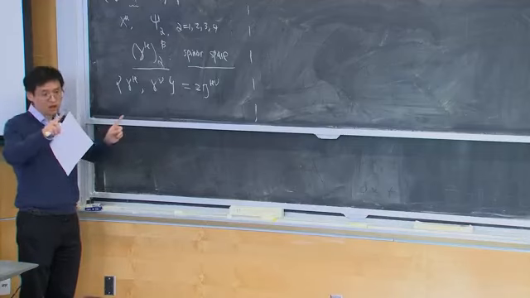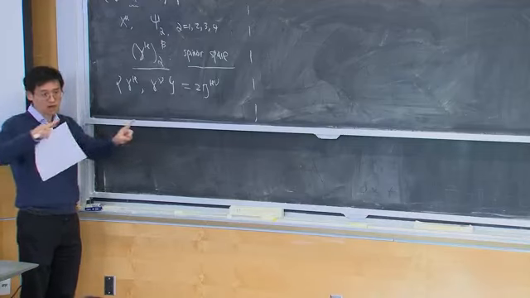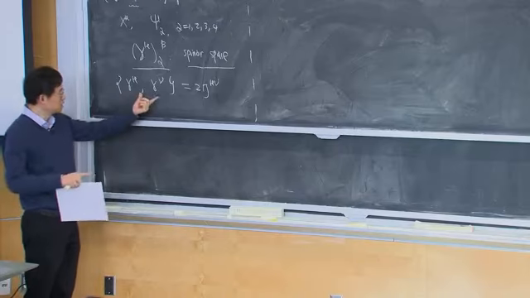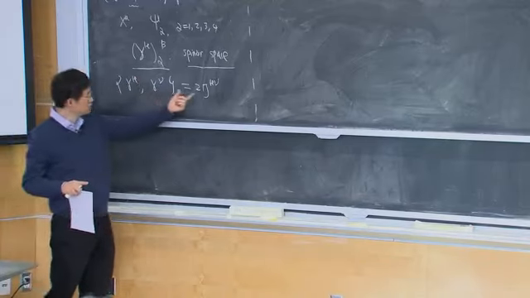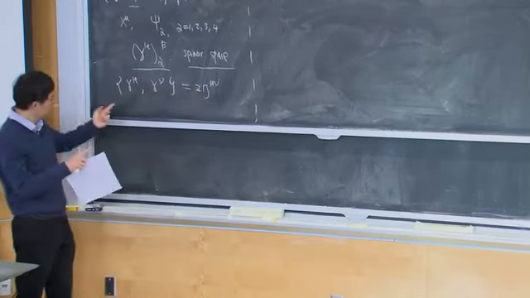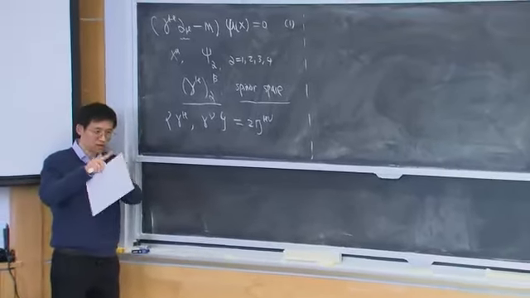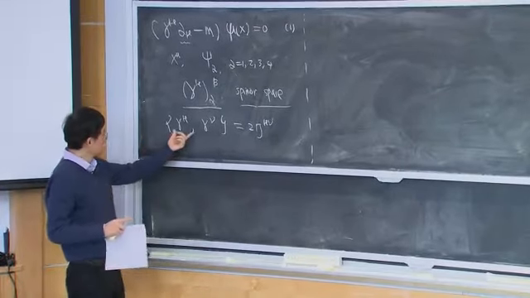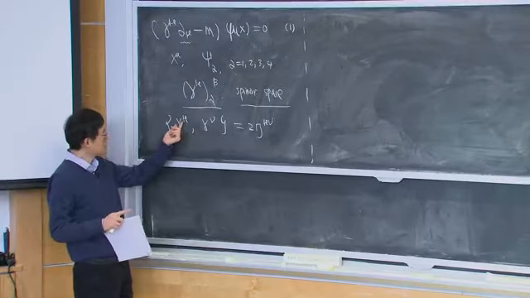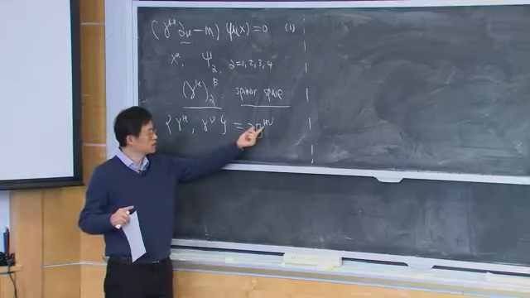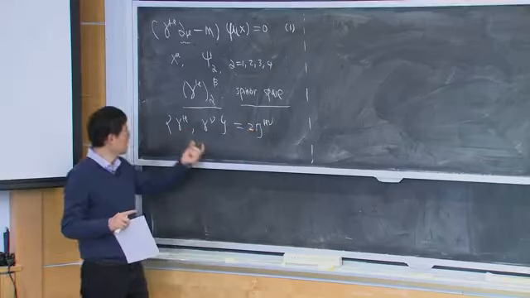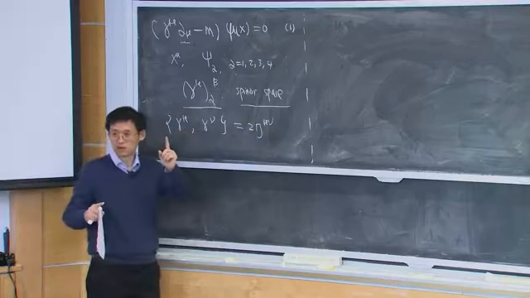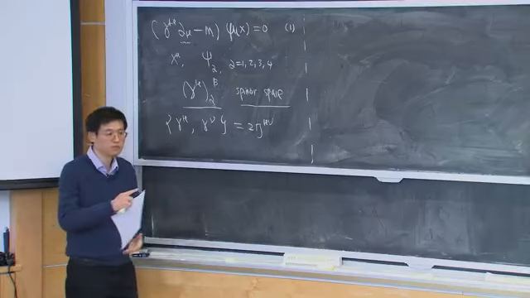If you pass them through each other, you get a minus sign, because when mu is not equal to nu, the right-hand side is 0. And the square of them: gamma 0 squared gives minus 1, because eta 0 0 is minus 1, and gamma i squared just gives 1. So this is very simple.